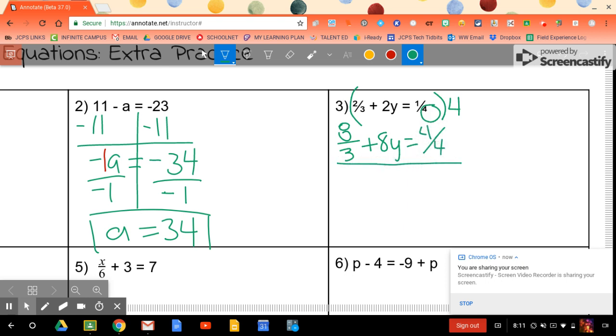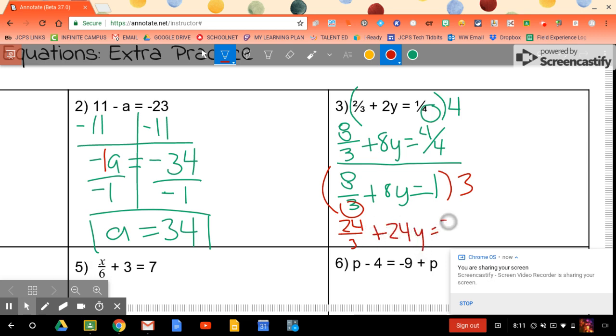This will be 8 over 3 plus 8y equals 1. We still have a fraction, so let's circle that other denominator, 3. We'll multiply the whole equation by 3. So we're going to get 24 over 3 plus 24y equals 3.